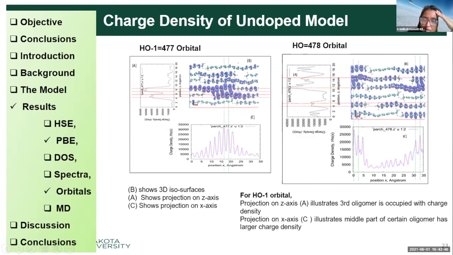That means in that projection, at that position in the z direction, this oligomer is the most charged, it shows the most charge density compared to the others. But here it shows the highest peak in the middle, whereas in the HOMO orbital we see the highest peak at the edge of the box.